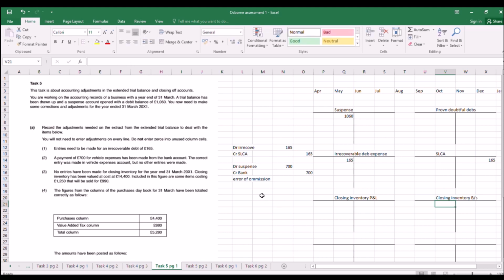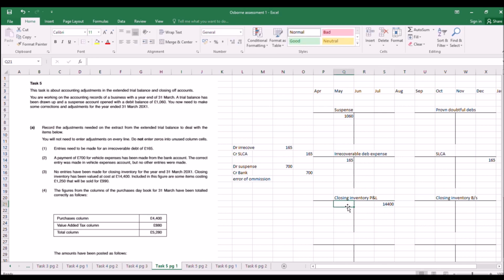So balance sheet is another word for the statement of financial position. Right, closing inventory has been valued at 4400. However, we're going to have some kind of thing in there. This includes items costing 1250 that will only be sold for 990, so we realise that loss of value straight away. So actually the closing inventory is going to be this figure here in our debit figure. Sorry, in the P&L it's not, it's going to be the other way around, sorry.